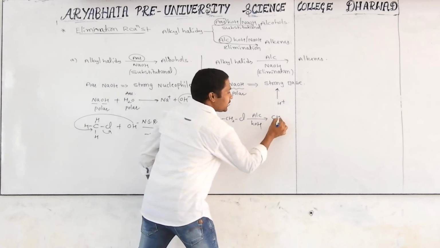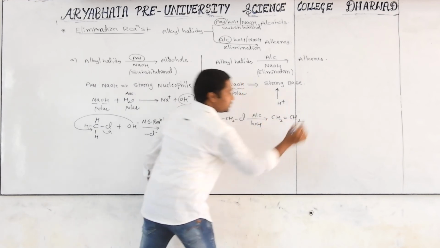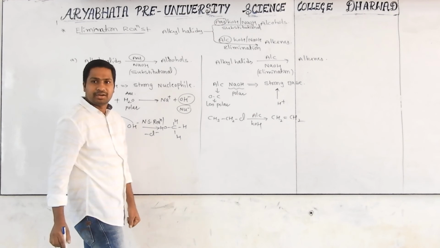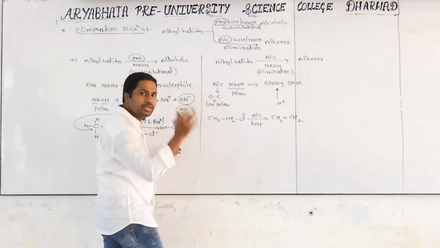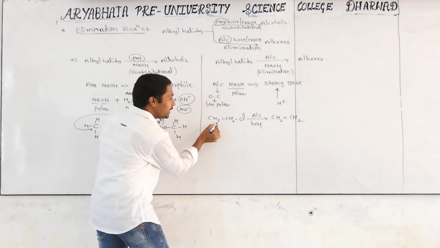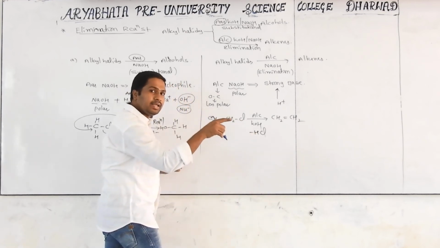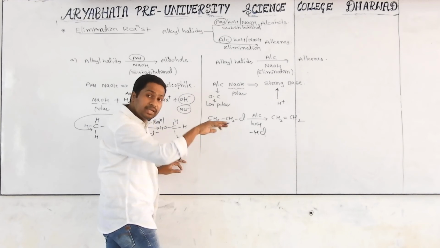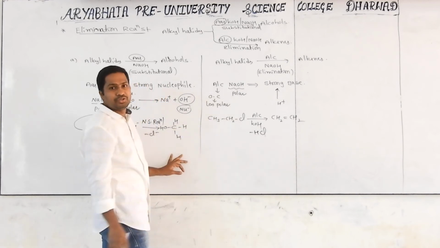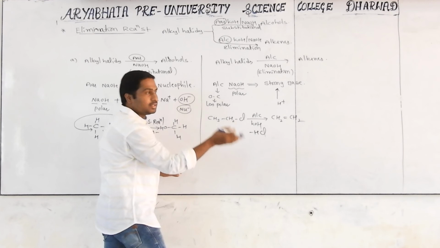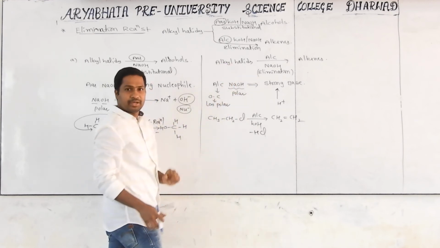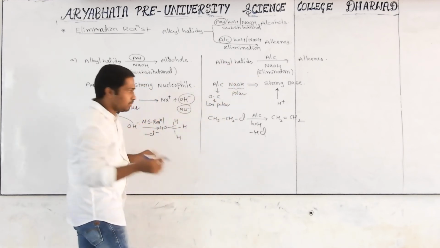I am writing the product as CH2=CH2. What is happening here? Elimination. What is eliminating? From here H, from here Cl. HCl is eliminated, which is dehydrohalogenation. Anyway, it is eliminating, so it undergoes an elimination reaction.